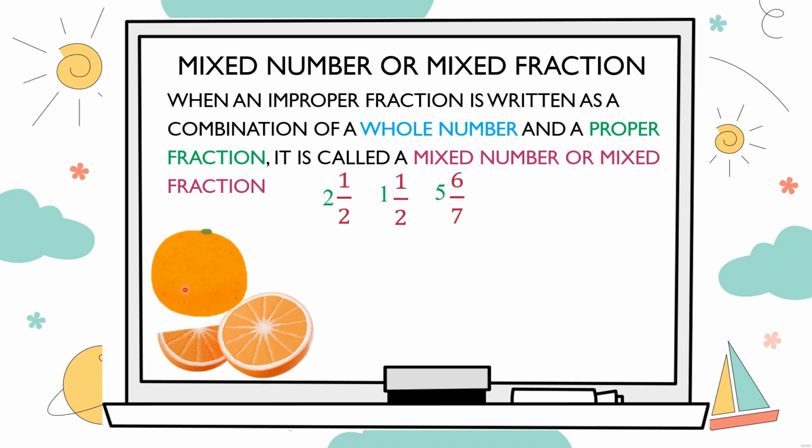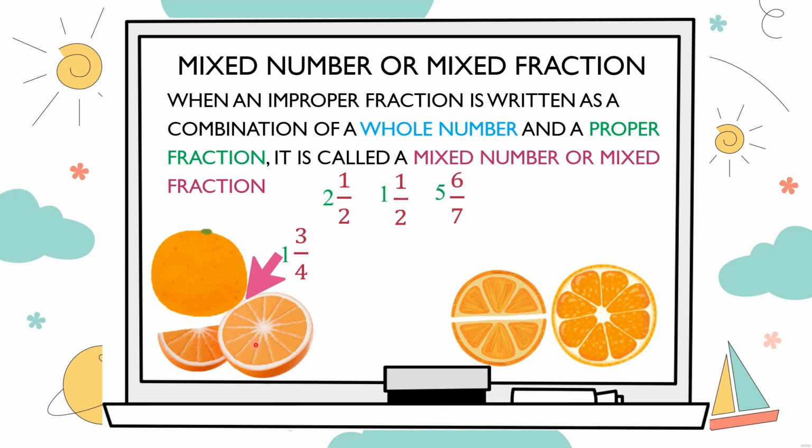So this full orange and these two pieces together, it will make how much? 1 3/4. This is half and this is quarter. So there are 3 quarters actually. So it comes out to be 3/4. So one full orange and 3 quarters.